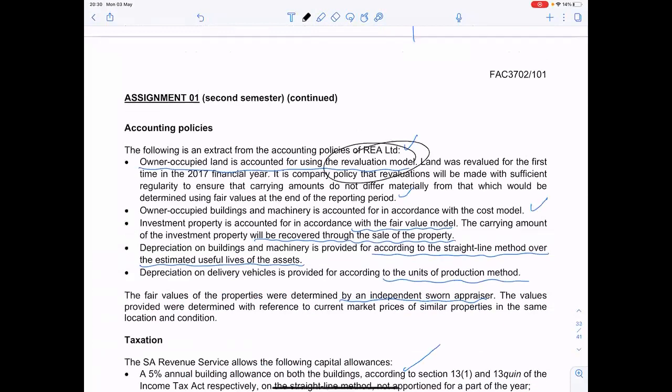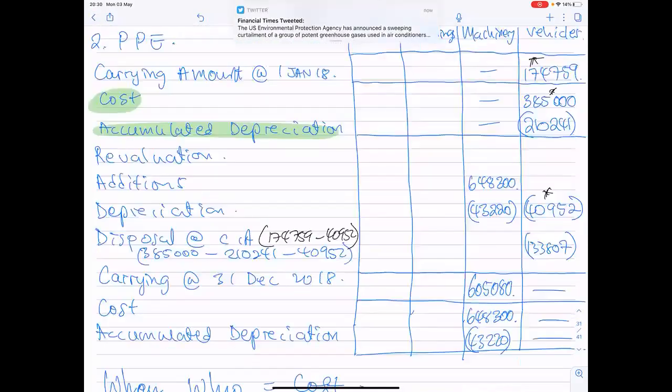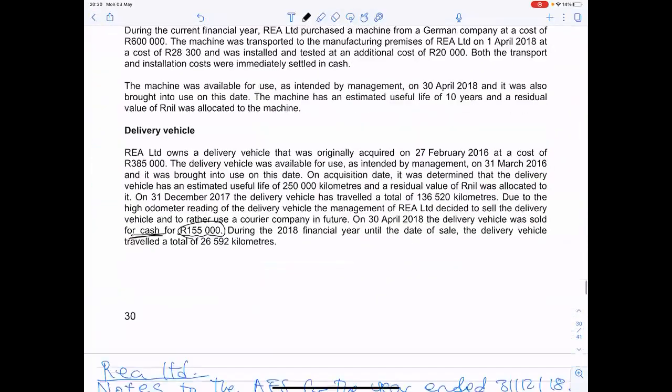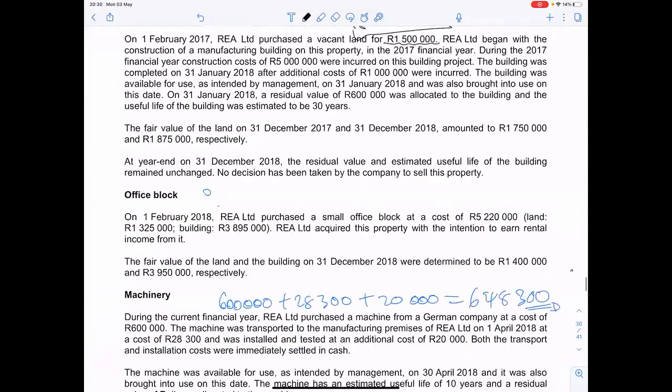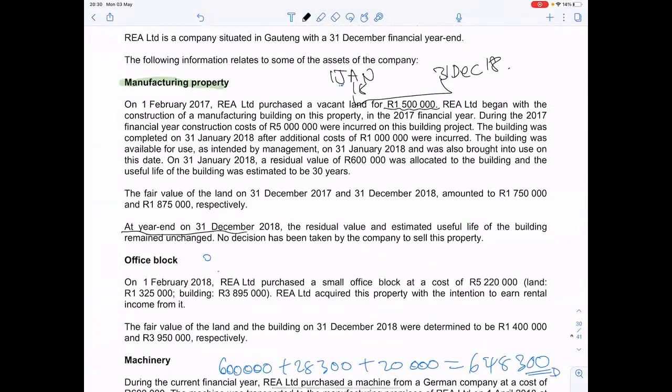So when we look at this, at year end, the fair value of the land on 31 December 2017, the end of the previous year, which is going to be the opening of the current year.